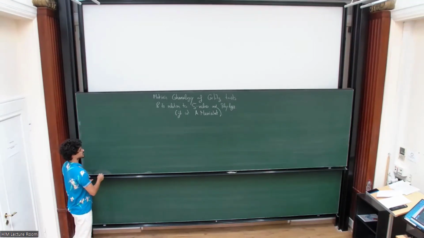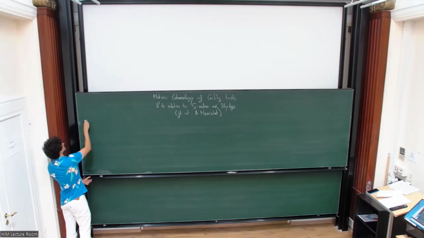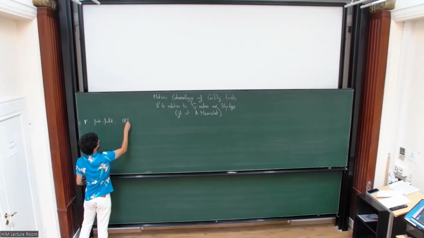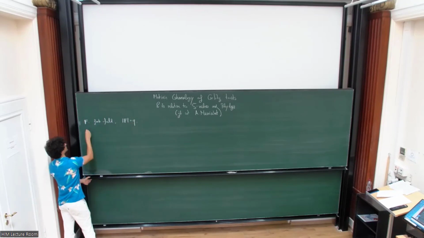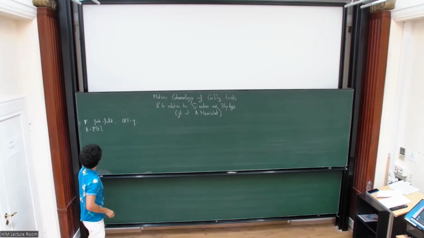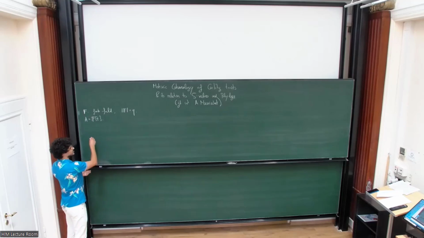So let me introduce the Carlitz module, but before that, some notation. Here, F will be a finite field with q elements, and A will be the ring of polynomials over F. The Carlitz module is the counterpart of G_m in a function field.